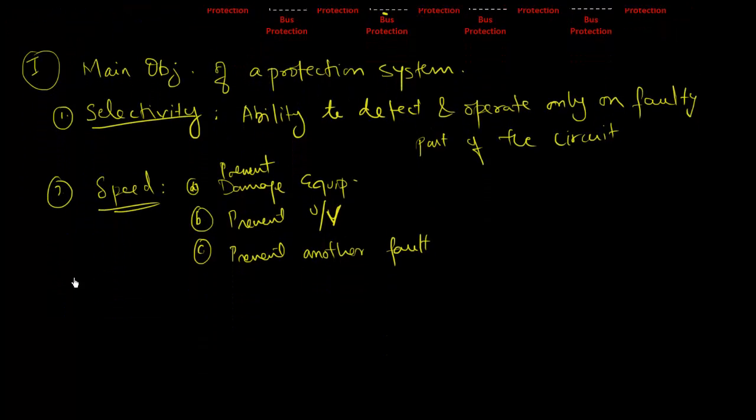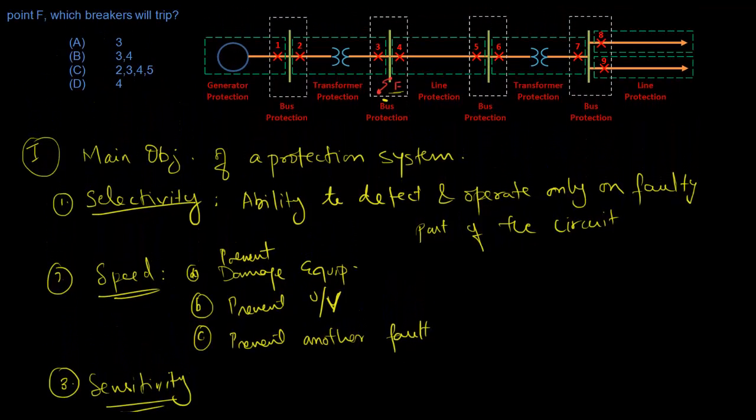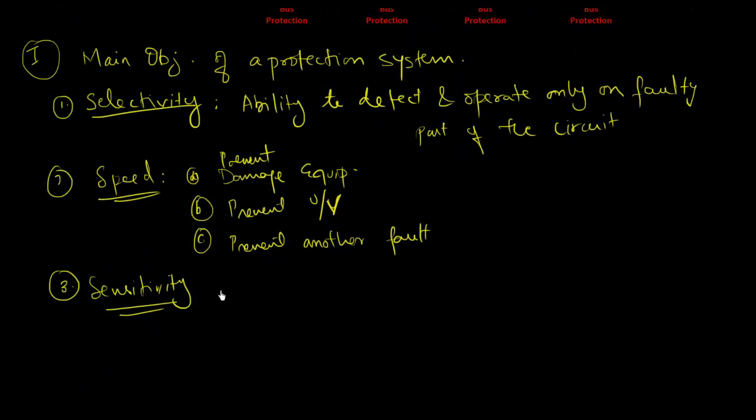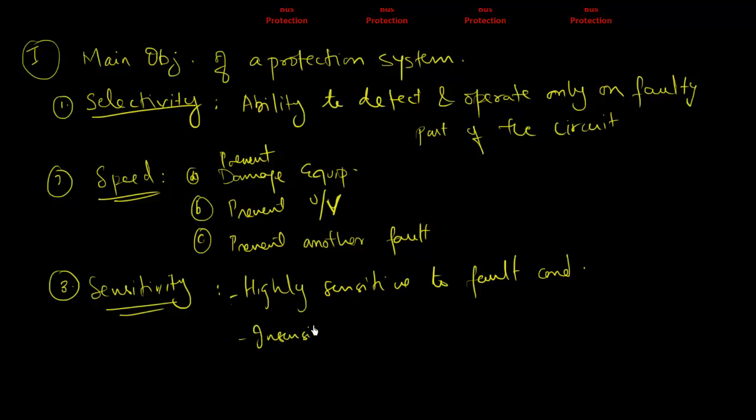So there's selectivity, there is speed, there is sensitivity. So you want your system to be sensitive enough to differentiate between what's a faulty condition and what's not. So you want it to be, for example, highly sensitive to fault conditions, but you want it to be insensitive to load currents.